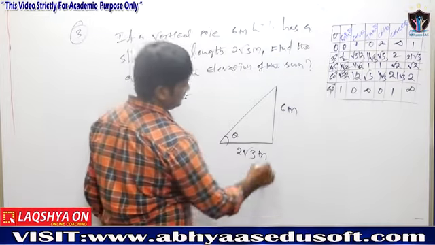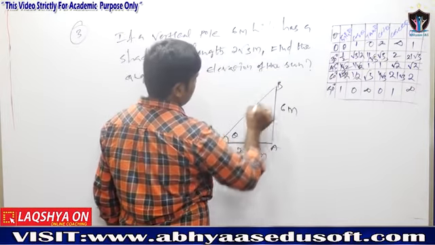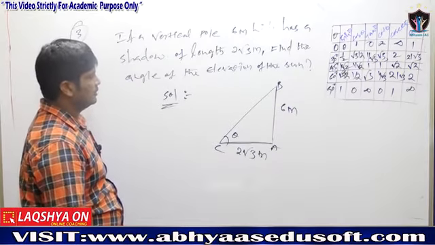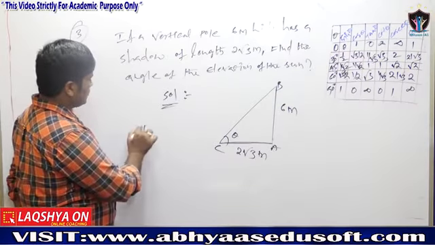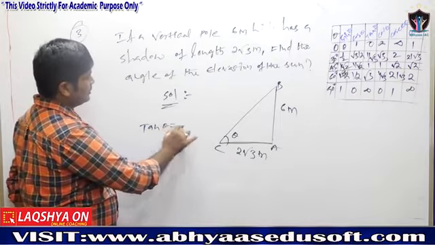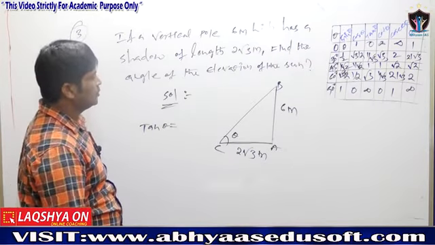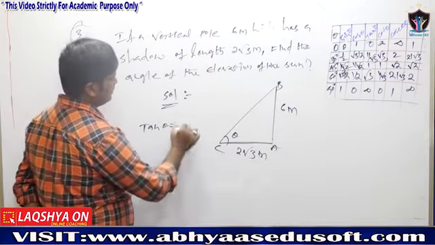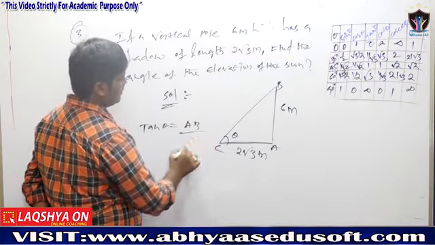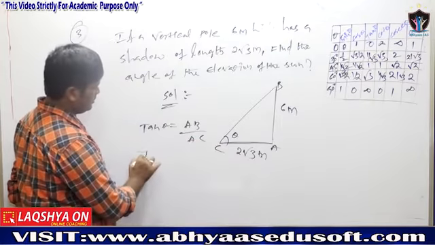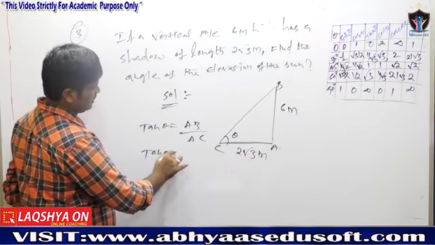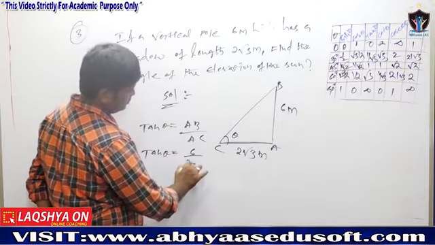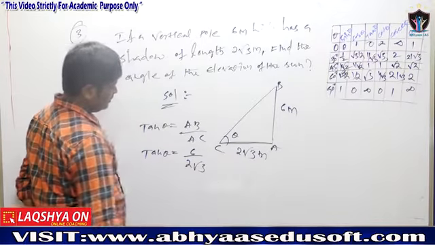So now directly we can take A, B as well as C. Now we know that tan theta is equal to perpendicular by base, so AB by AC. So tan theta is equal to 6 by 2 root 3, right?